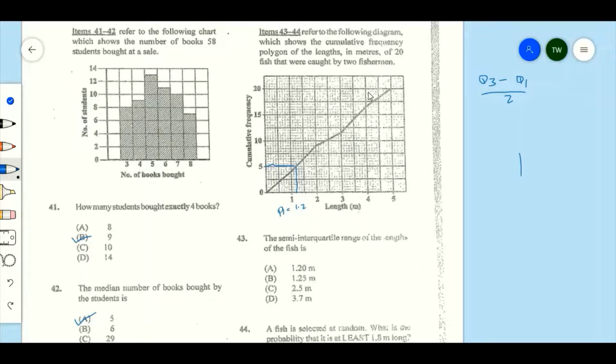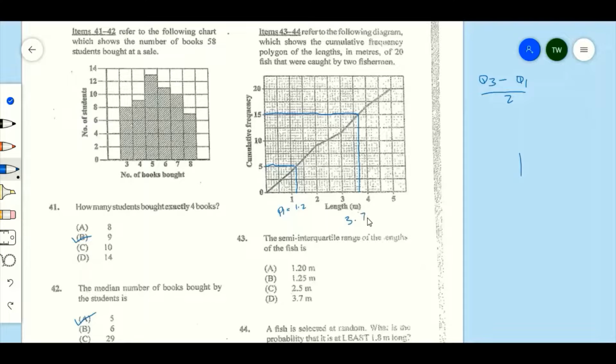Now Q3 is going to be 3/4 of the total population, which is about 15. So going to go across, and then we're going to come down on the x, and from here to here that's about 3.5 and 2, so this is about 3.7.